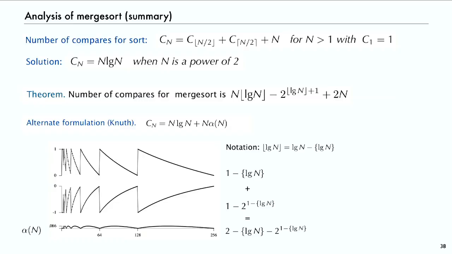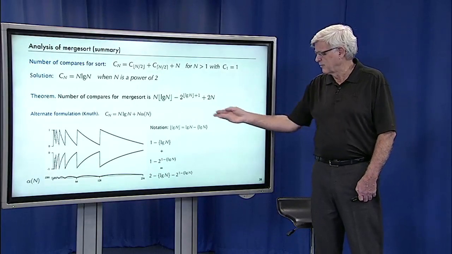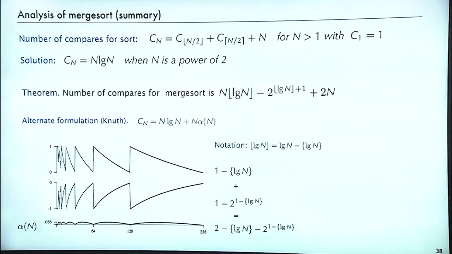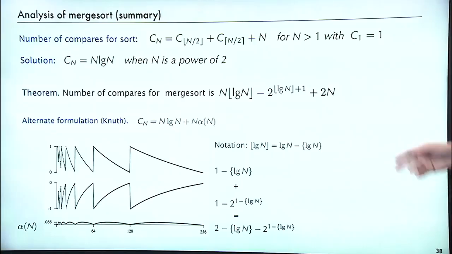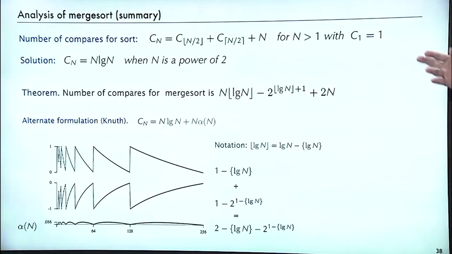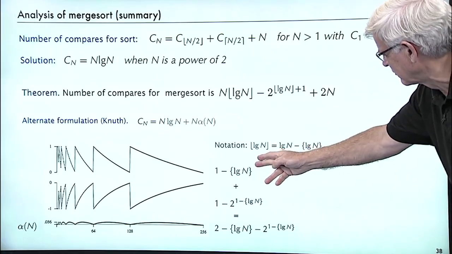That's what the braces do. If you substitute this formula into this solution for the number of compares by merge sort, you can split it off into 2 functions.